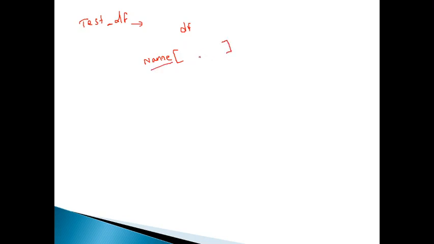As you know, in a typical data frame we have two entities, columns and rows. Any data frame consists of two things, columns and rows. Now in a data frame we separate these two entities with the help of a comma. Whatever we mention before the comma represents rows, and whatever we mention after the comma represents columns.